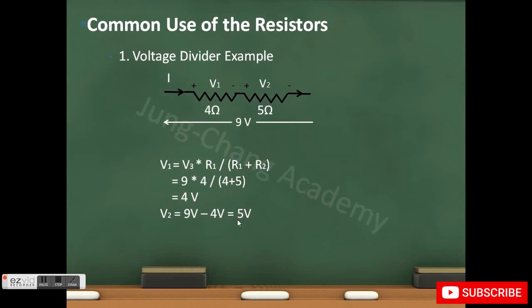In other words, using resistors in series with the right ratio, you can divide this voltage up to whatever is required for your circuit. For instance, if we put a 300 ohm resistor here, 600 ohm resistor in here, you will have 3 volts in here and 6 volts in here. And this is why resistors in series are called voltage dividers.